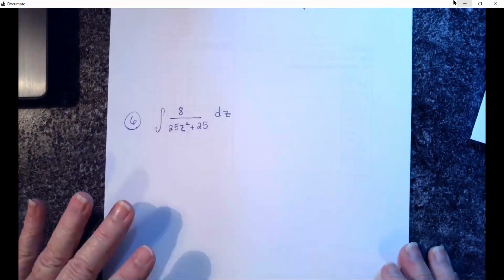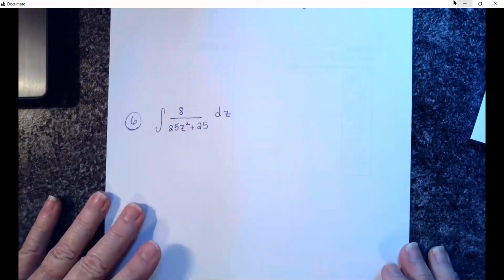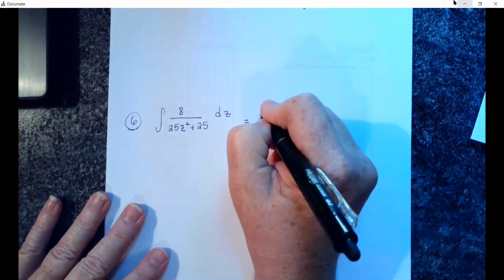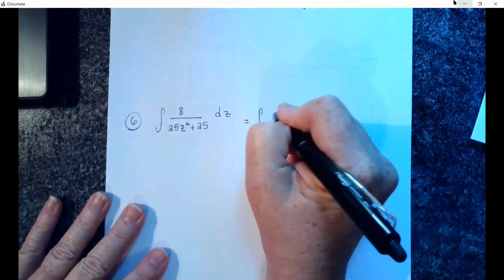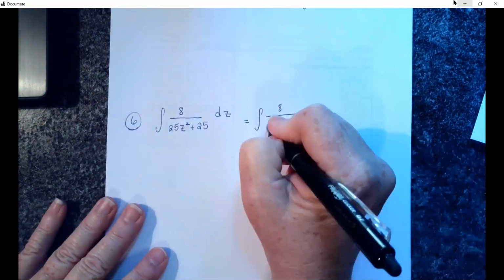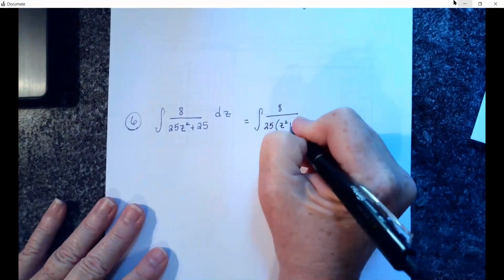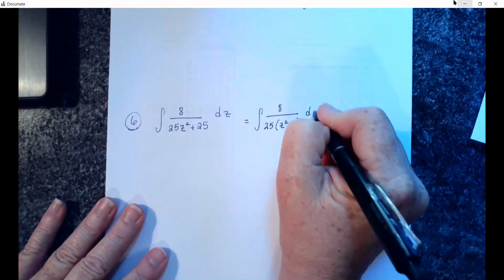Well, I'm going to go ahead and factor out the constants that I can, and hopefully that will help you guys just a little bit. That would be 8 over 25 times the integral of 1 over z squared plus 1 dz.